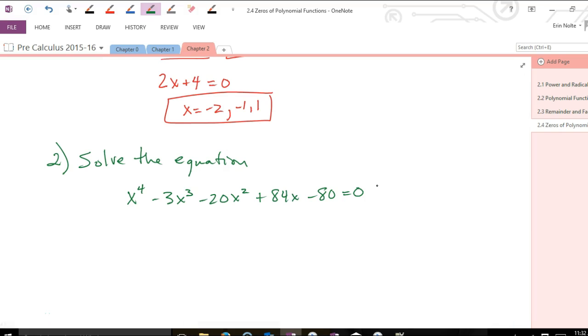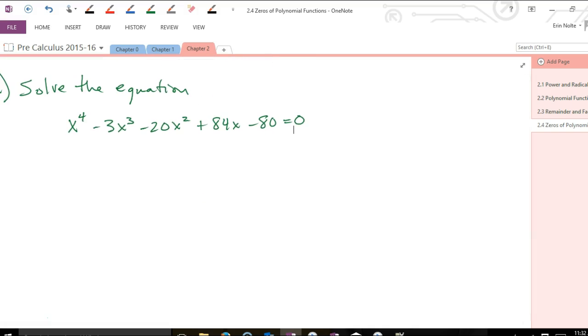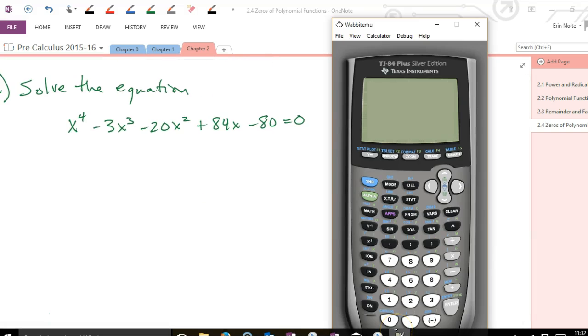That's true, there's more terms, potentially more answers because it's to the 4th degree, but still you would go about this the exact same way. Let's just do it. Let's graph this in the calculator and find a place where it crosses the x-axis and prove that it in fact is a solution.